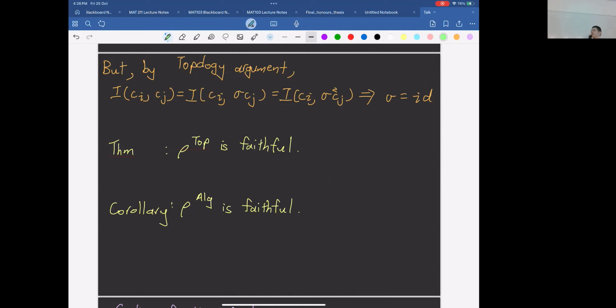Right. So what does it mean by a faithful group action? It means that only the identity element acts as an identity. You don't want non-trivial elements to act like an identity.